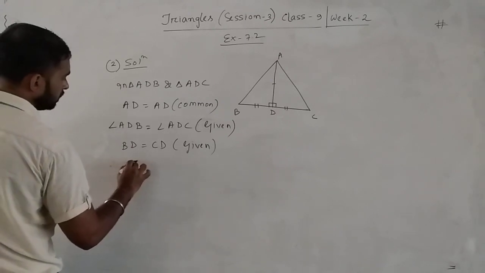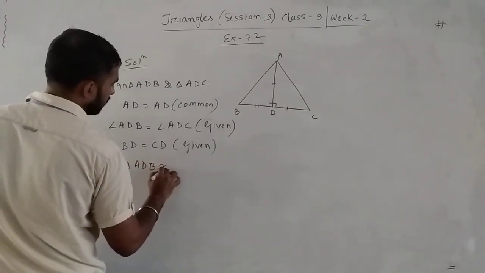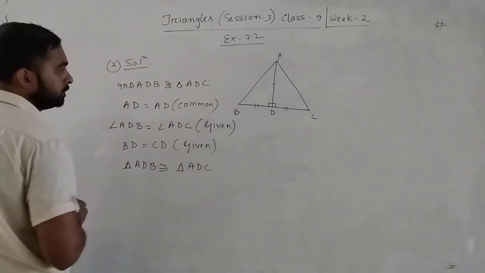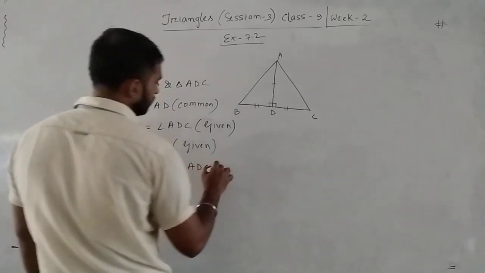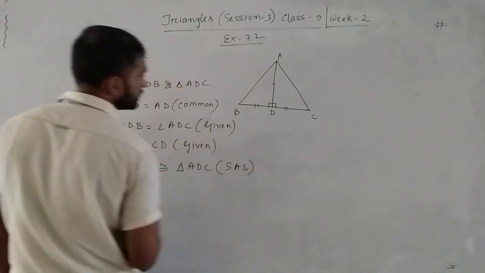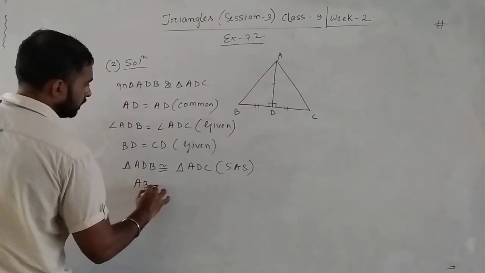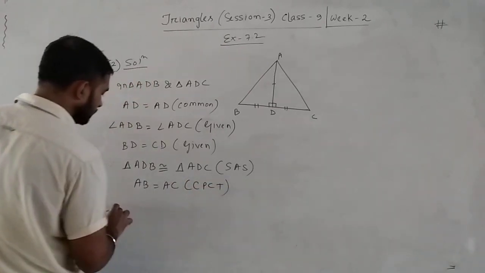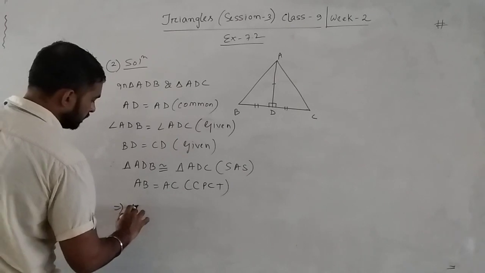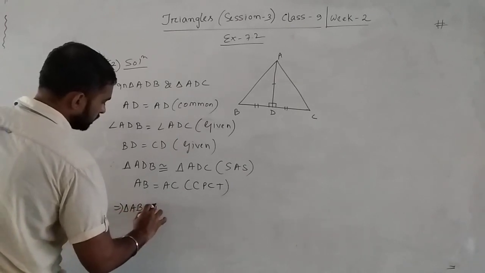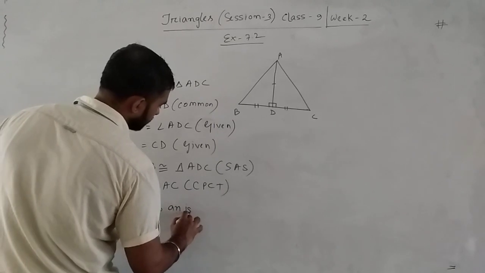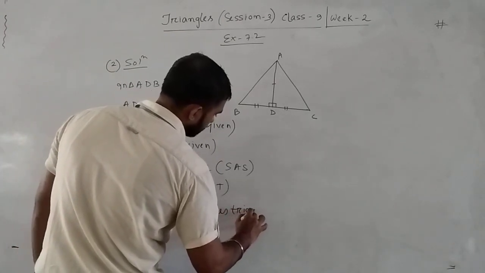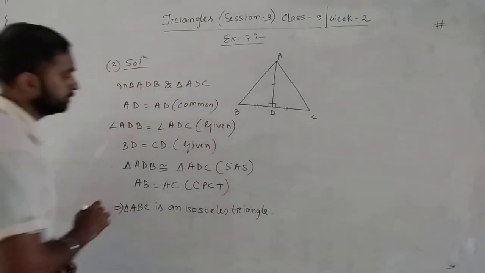So triangle ADB is congruent to triangle ADC by SAS. Therefore AB equal to AC by CPCT, which implies triangle ABC is an isosceles triangle.